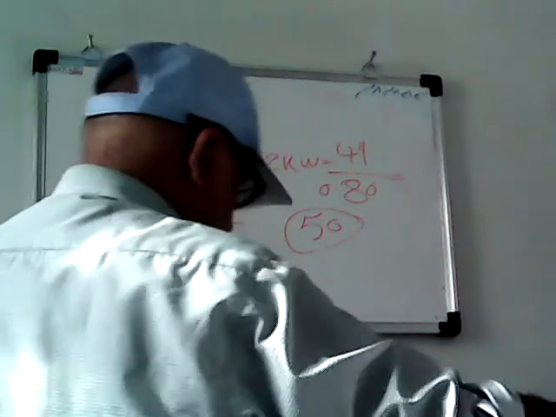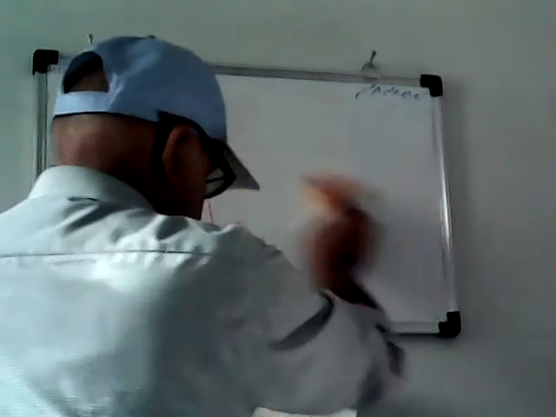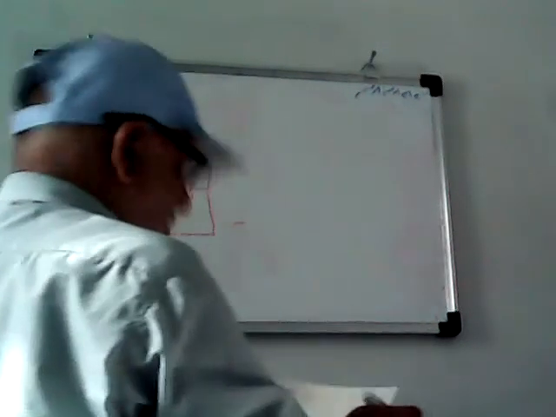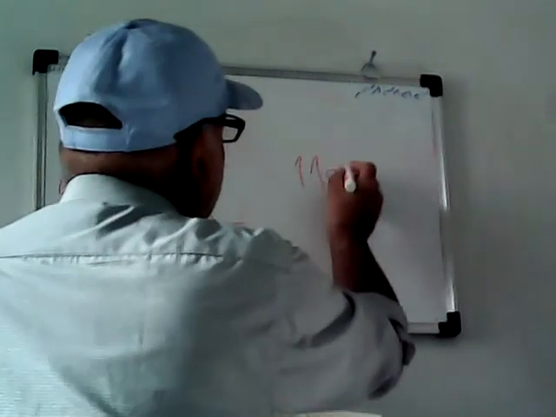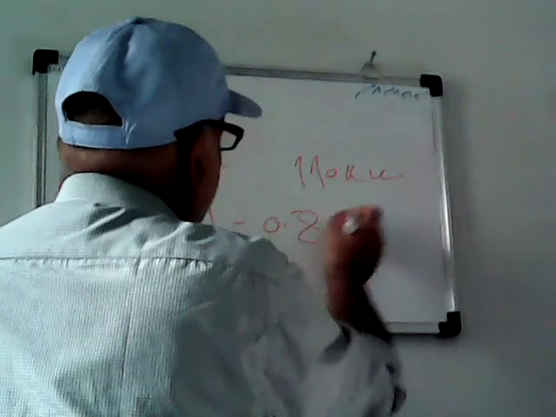And another example, more than this. That was up to 110 kilowatt, where the constant number was 0.80.